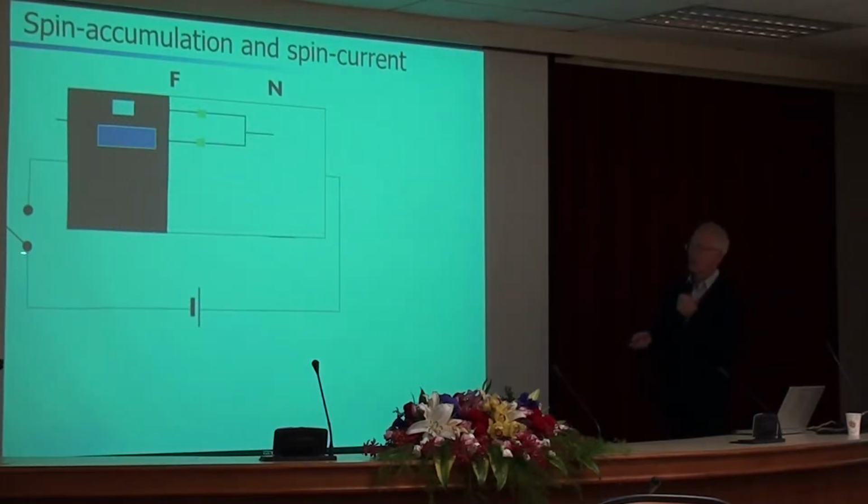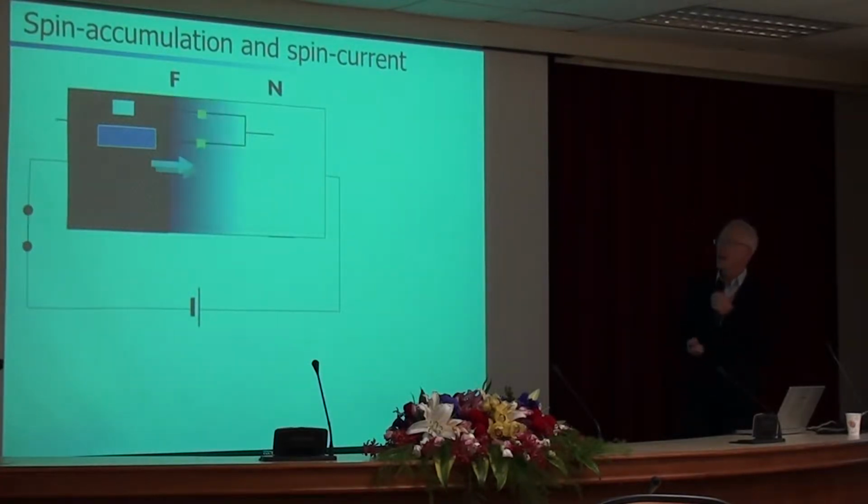So if we close this switch here, the electrons will take the path of lowest resistance, which is the upper arm. So more of one spin will be injected into the normal metal than of the other one. We are then generating a non-equilibrium magnetization in the normal metal.